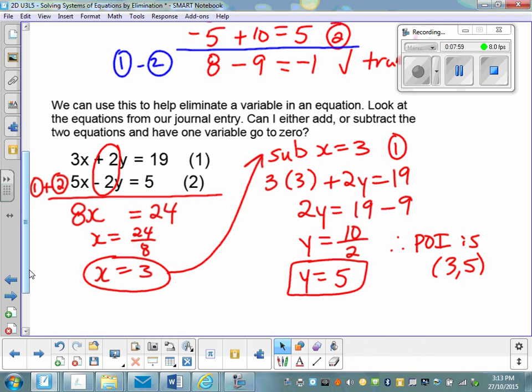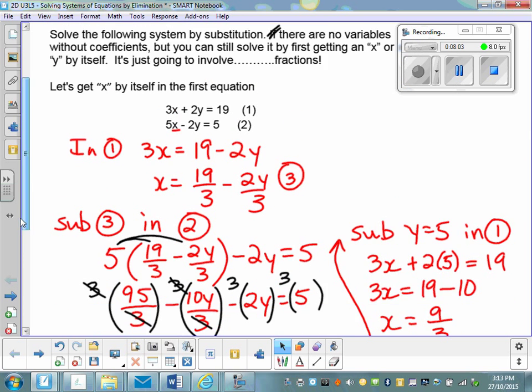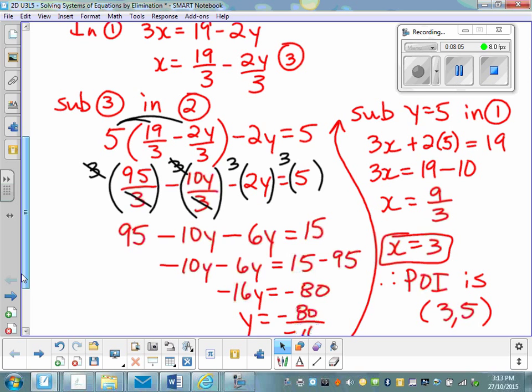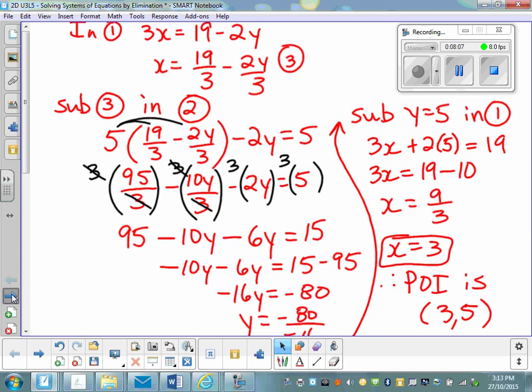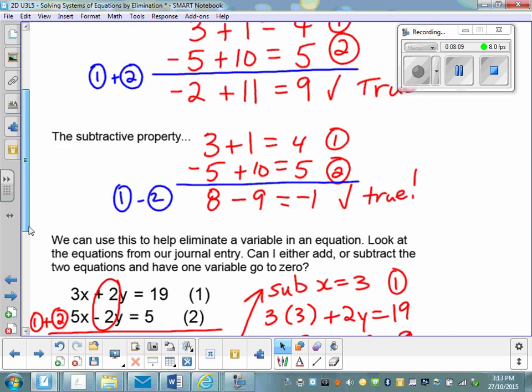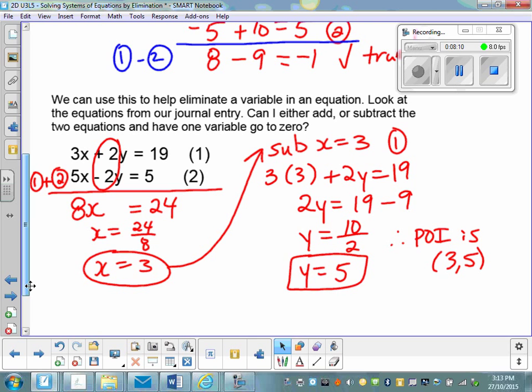If you look back and compare how much work we did in that same question at the beginning to find 3, 5, compared to what we did here, this is a lot less work involved when we use elimination instead of substitution when we've got coefficients in front of the variables.